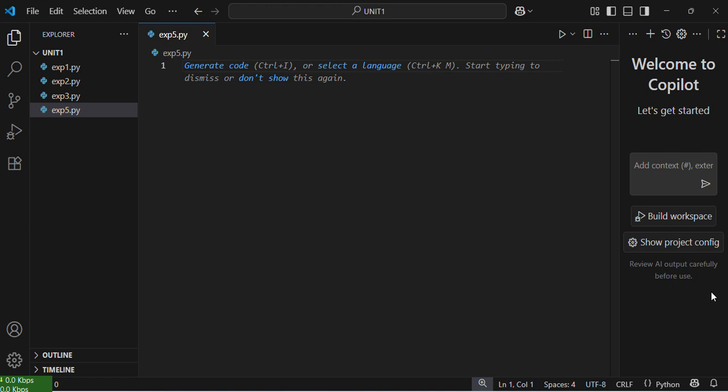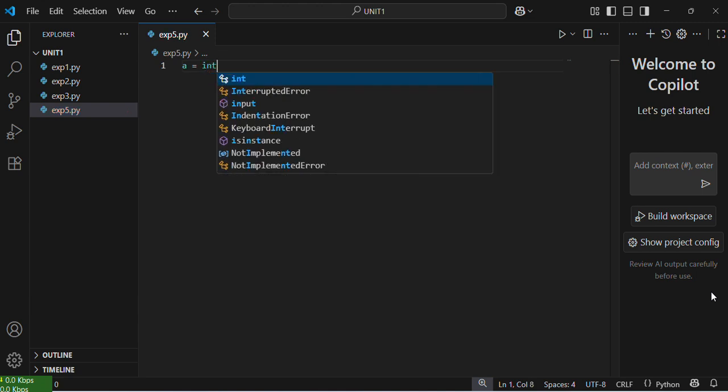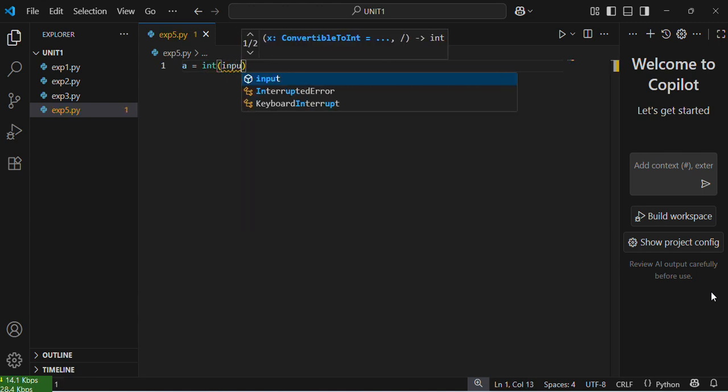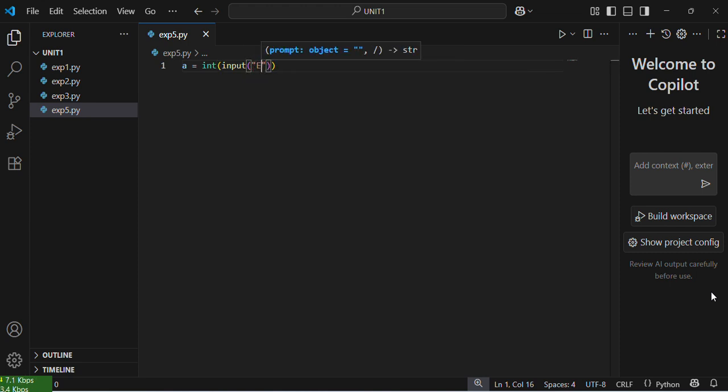In this program I am using another concept, the typecasting technique. I take inputs from the user as integer values only. First, variable a equals int of input, enter a value.